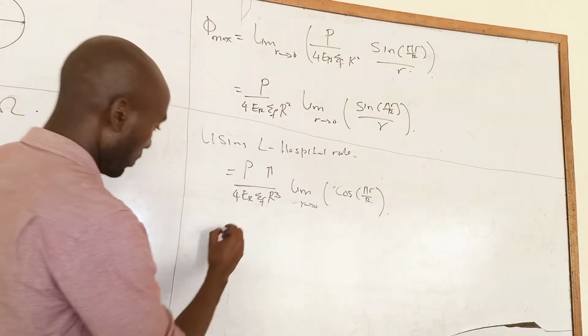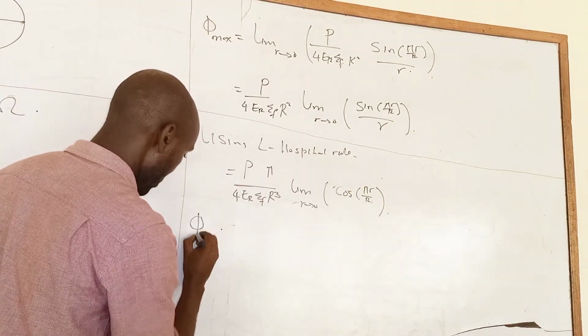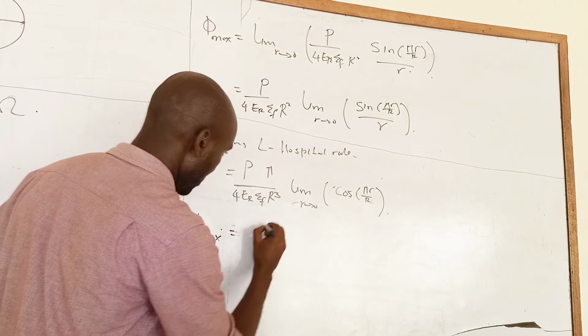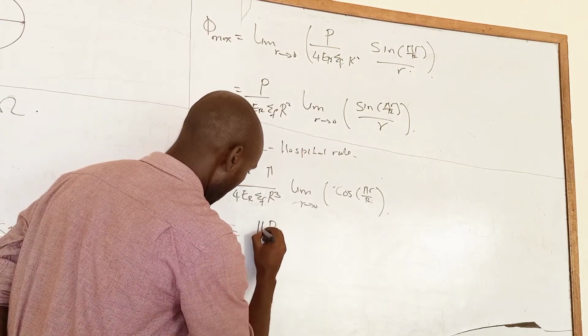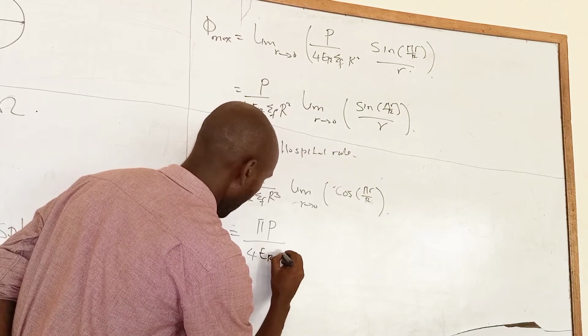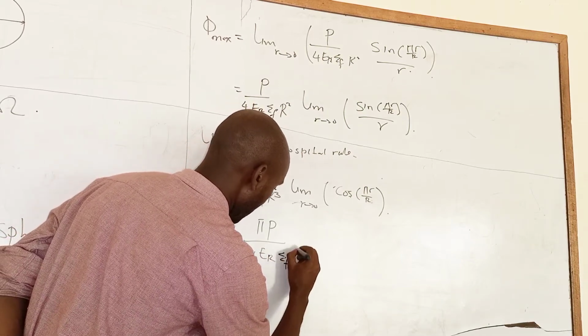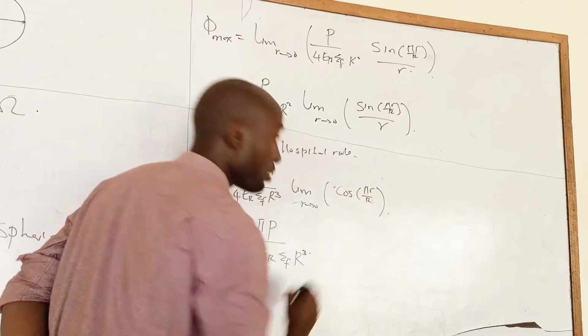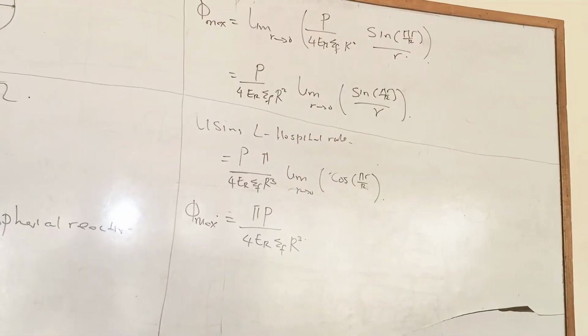So our phi max will now be P over 4 ER EF R cubed times pi. This is our maximum flux.